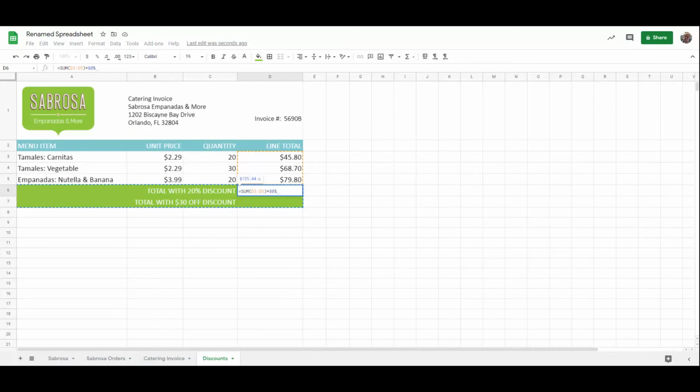Or you could say multiply by 0.8. That will give us the same result, and it will be $155.44 is the amount that they would pay were they to get a 20% off discount.